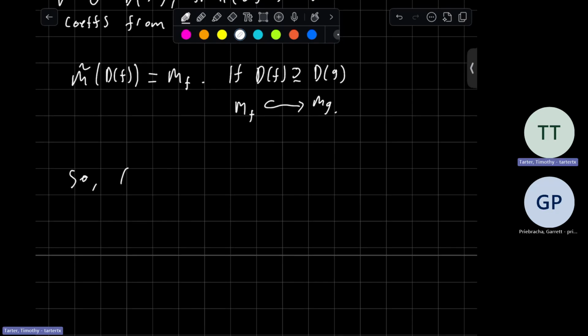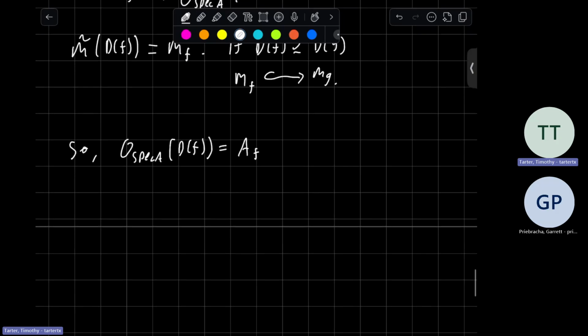So basically O spec A, DF is the localization of our ring at F. And then MF is an AF module.